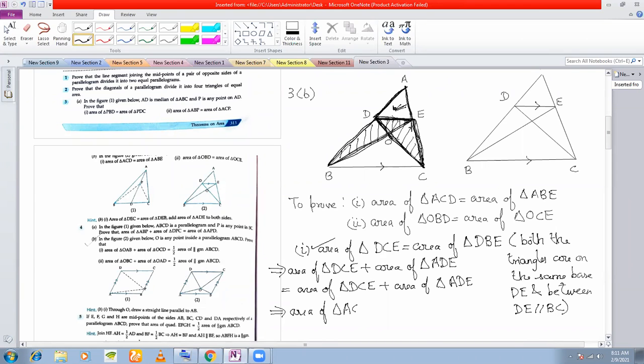Similarly here, the sum of area of this triangle and this triangle must be equal to area of triangle ABE, and that is what we are required to prove. So the first part is over. Any questions on the first part?